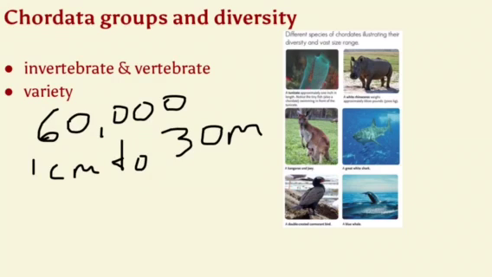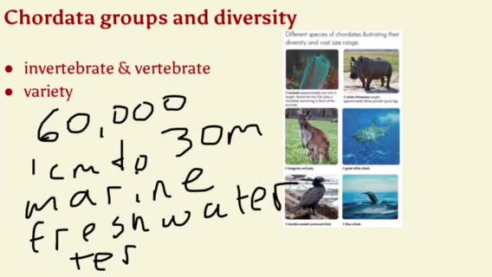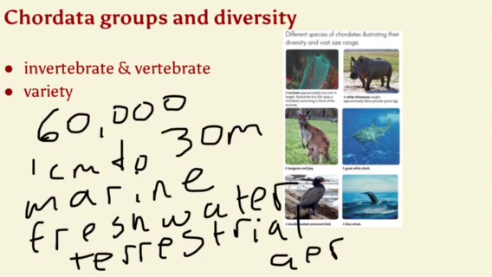They live in marine habitats, they live in freshwater habitats, they live on land in terrestrial habitats, and they also have aerial habitats. Okay, so again, a lot of variety and diversity there.